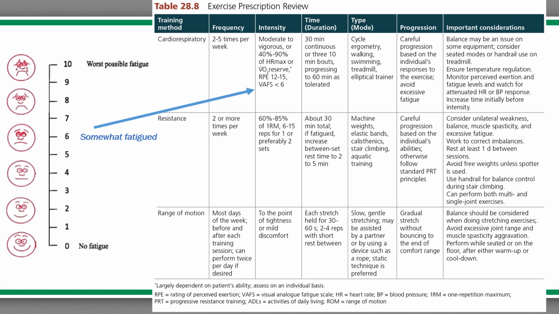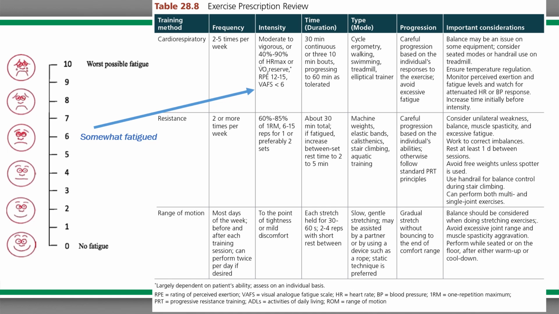We can go with our resistance training, pretty similar to what we use for our general population, but we want to make sure that we do not overload. Be mindful of an individual's response.